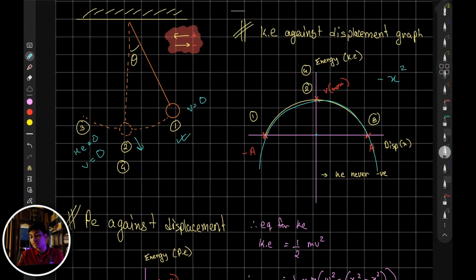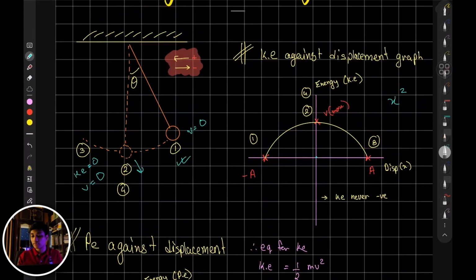It is an inverse of, or the opposite of, x squared. X squared looks something like this. However, the curve of kinetic energy against displacement is minus x squared.